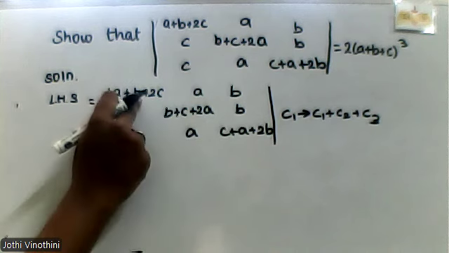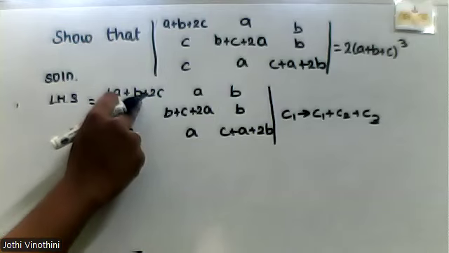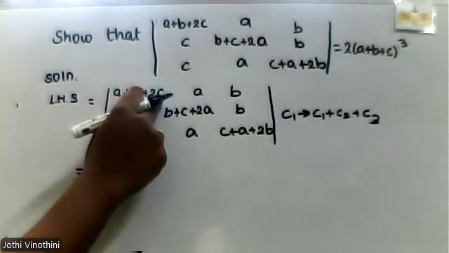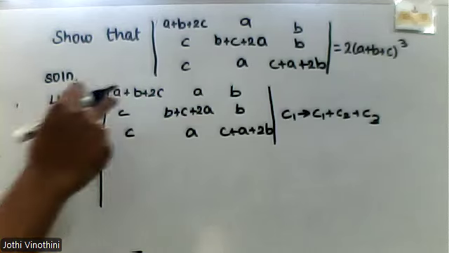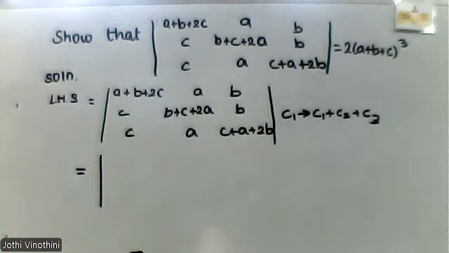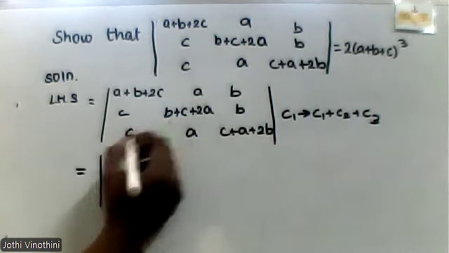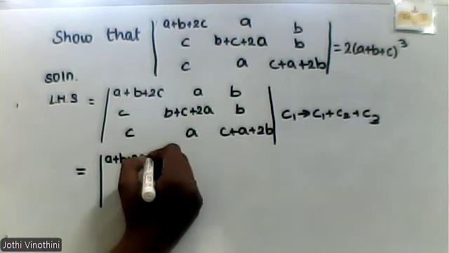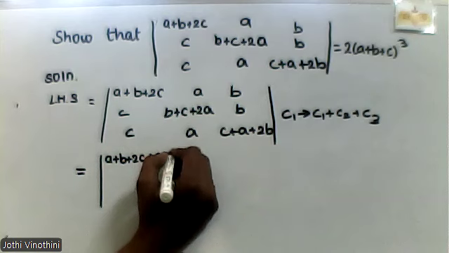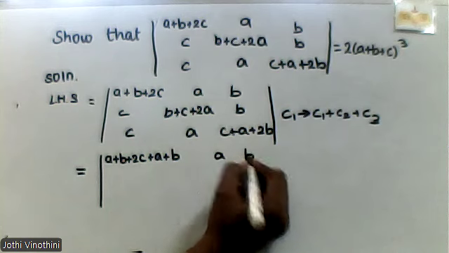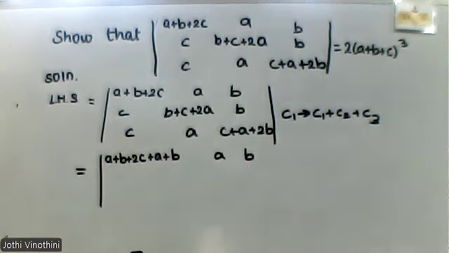So what is C1 here? C1 is a plus b plus 2c, c, c. We are going to replace C1 by C1 plus C2 plus C3. See here, we are going to replace this. So a plus b plus 2c, plus a, plus b. Similarly, C2 and C3 remain the same.